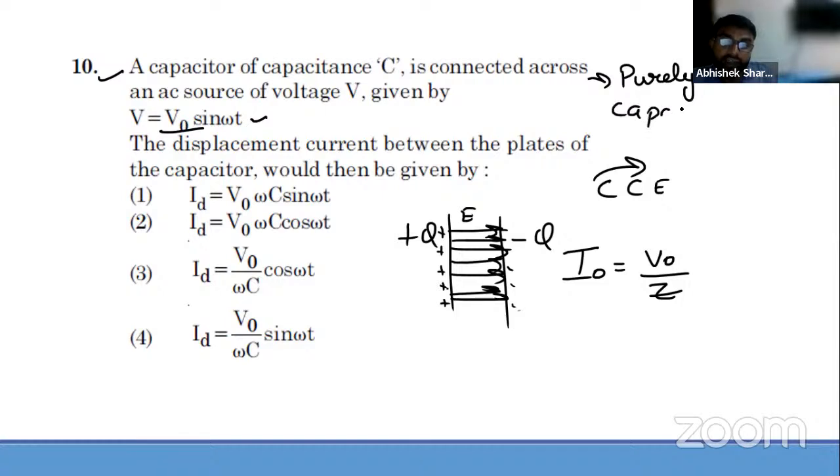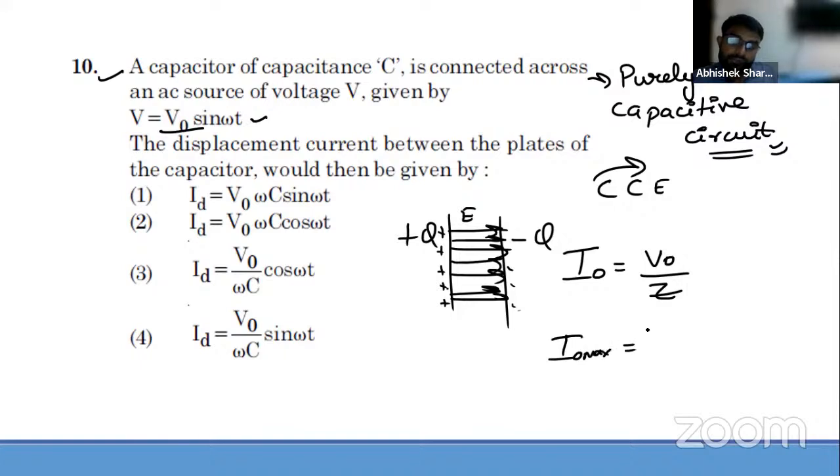So the maximum current amplitude will come out to be, voltage is how much? It is V naught. Impedance in a purely capacitive circuit, remember it is always given as XC. And XC is how much? It is 1 by omega C.